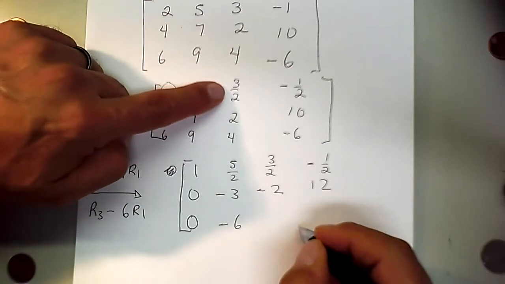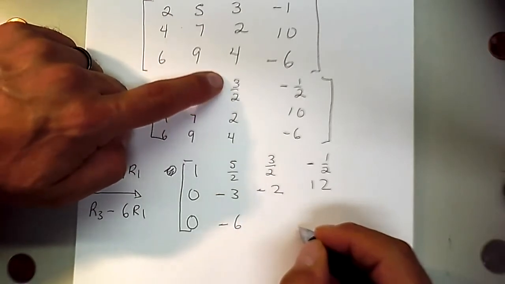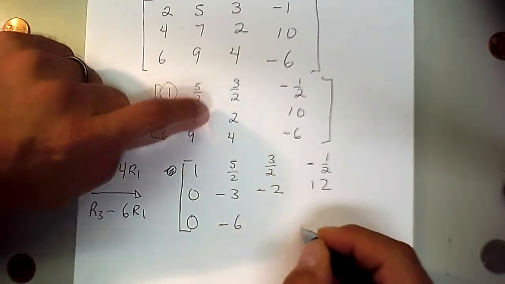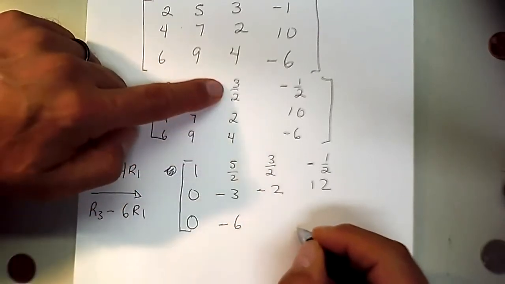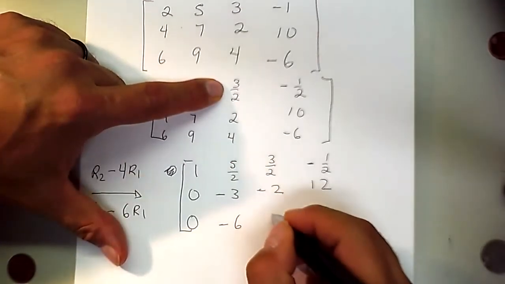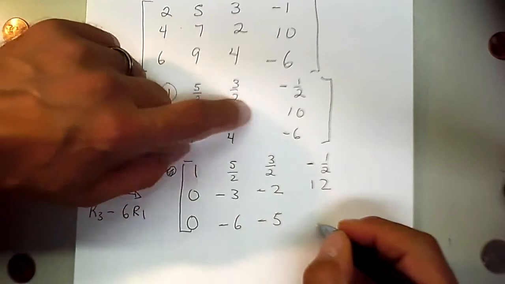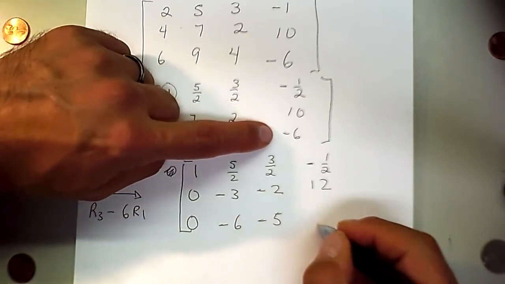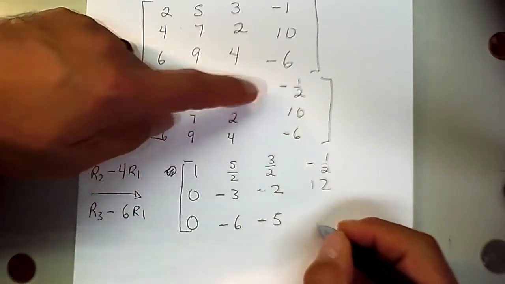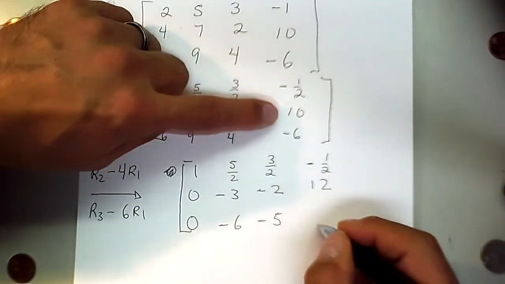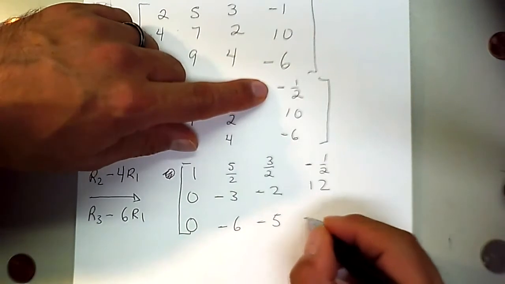Multiply by 6, so that is 9, because 6 times 3 is 18, divided by 2 is 9. So 4 minus 9, negative 5. And then negative 6 plus 3, when we multiply by 6, negative 6 plus 3 is negative 3.